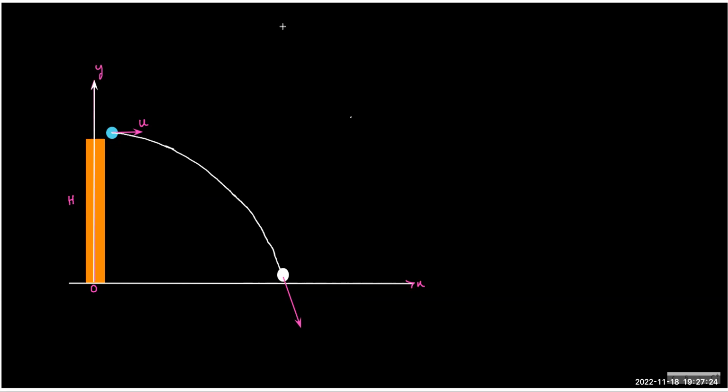So the first question is, find the time of flight. Now you tell me one thing. Because we have the X and Y coordinate system, which component will give you the answer for time of flight, X or Y?